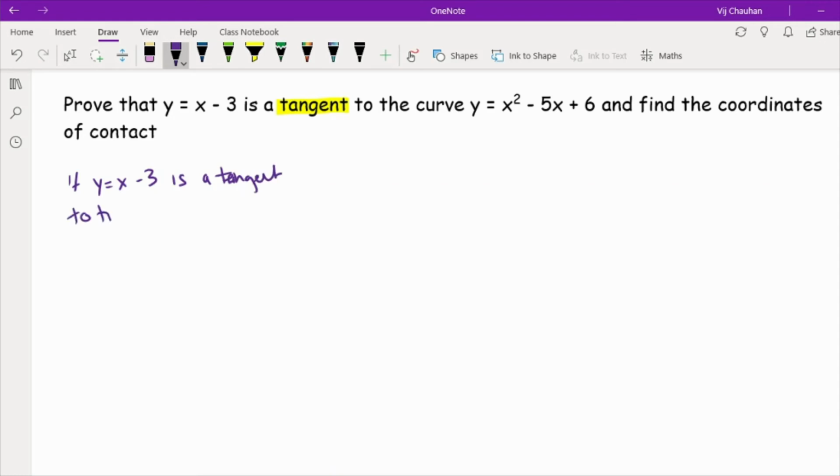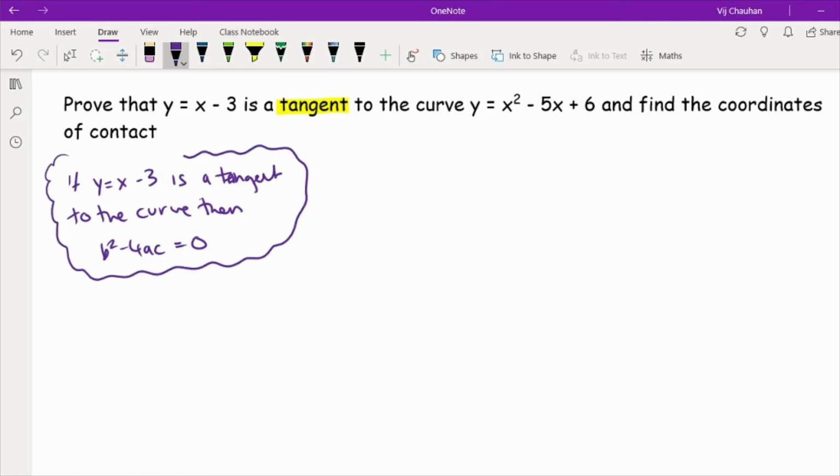to the curve, then b squared minus 4ac has got to be equal to 0. So first thing we need to do is substitute the equation into the quadratic.